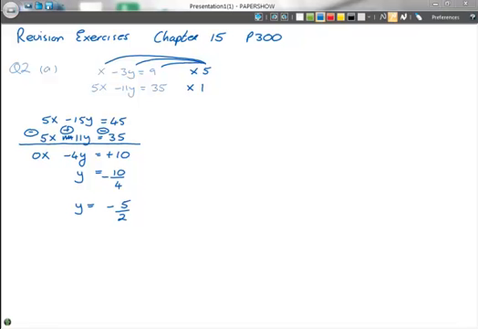So you're going to take that answer and sub it back into the original. So you've got x minus 3y is equal to 9. x minus 3 times y, so that's minus 5 over 2, is equal to 9. x plus 15 over 2 is equal to 9.